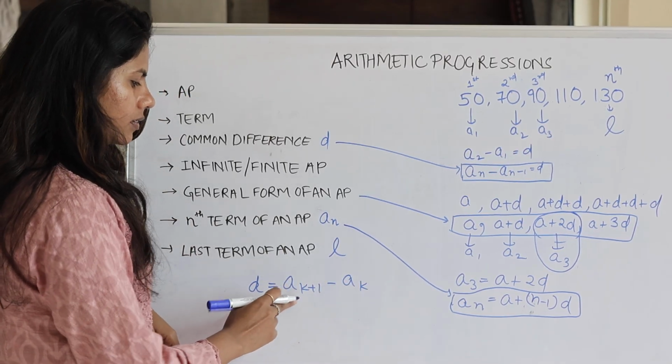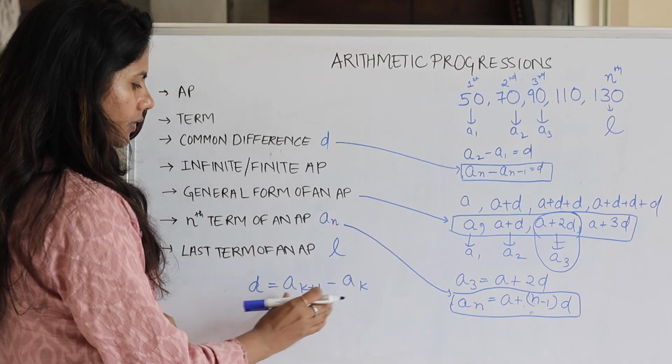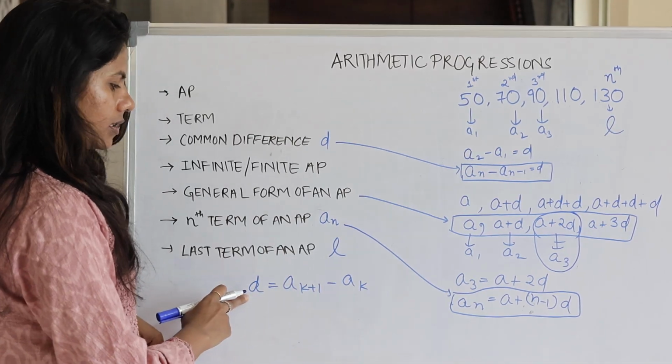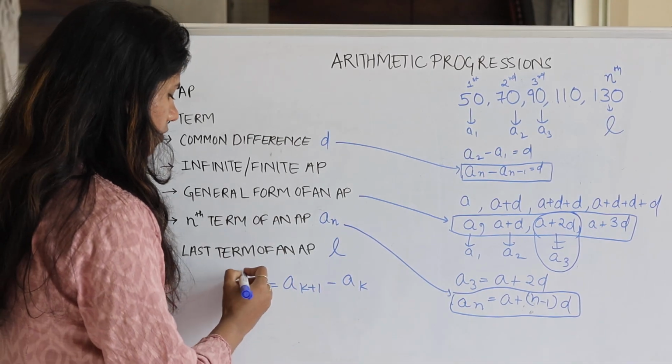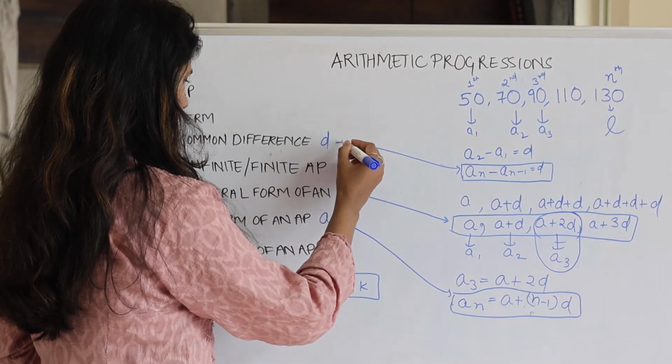They are trying to say that if we subtract the current term from its next term, then we get D. So you can remember this also for the common difference.